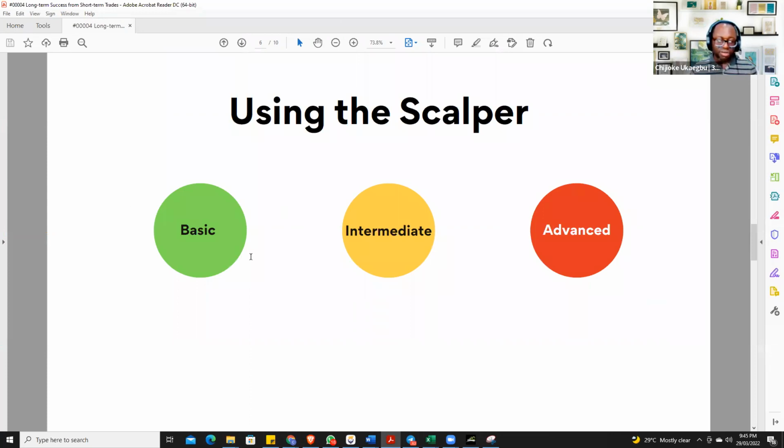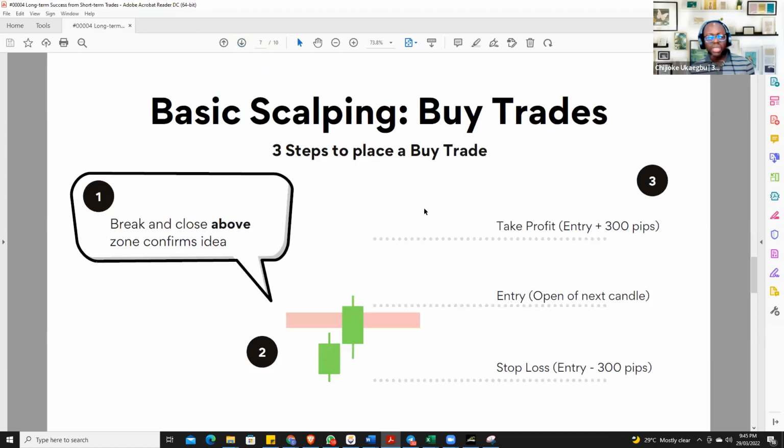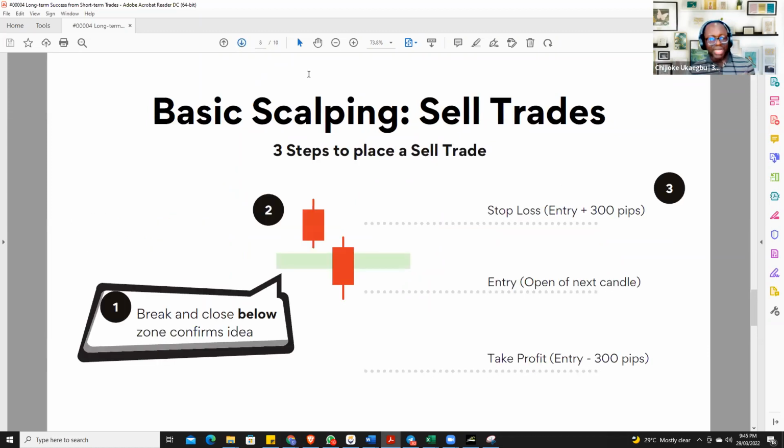We are only going to cover the basic way today. And I'm going to show you an example of how to take a buy trade or a sell trade. Let's start with a sell trade, because this is easier to compare with what we have right now on the Swipecoin scalper.